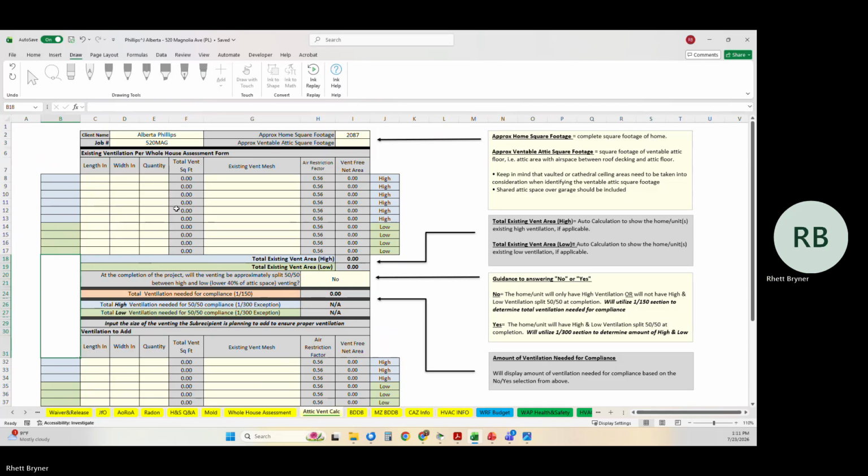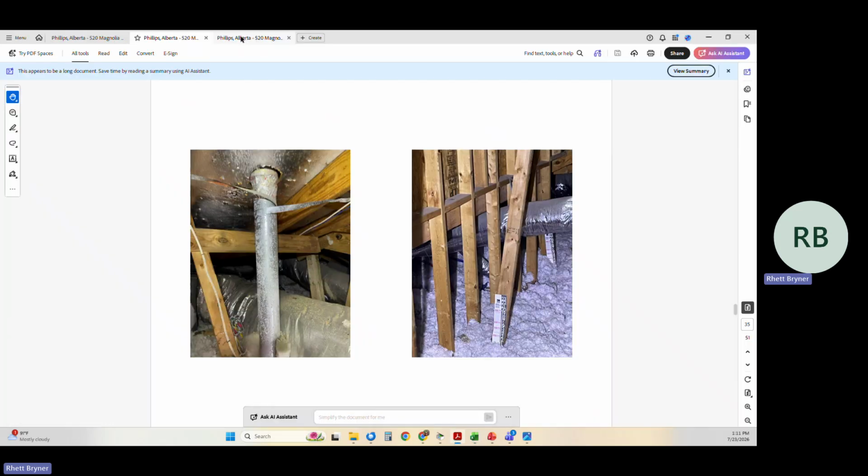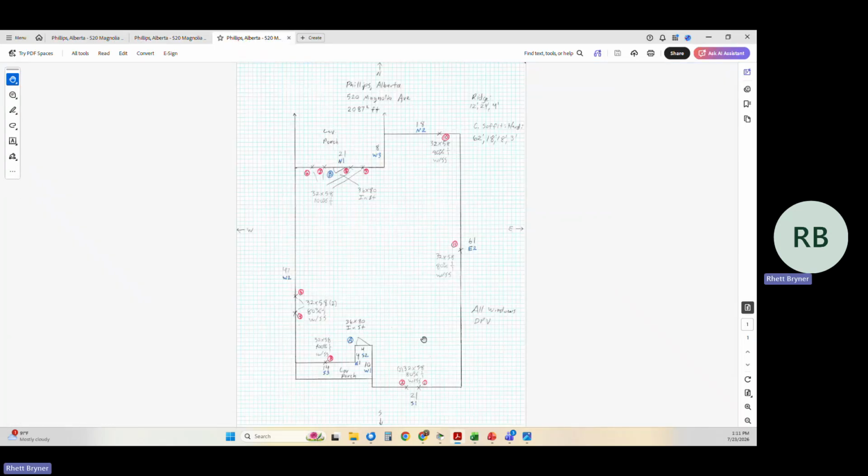Okay. So you can see up here at the top, this says approximate ventable attic square footage. So this first part is something you're going to need to calculate manually. And again, it is based on your sketch of the house.